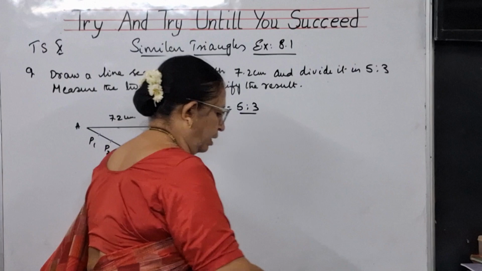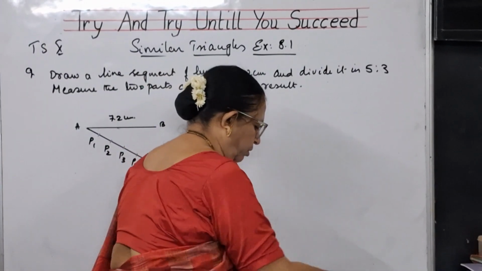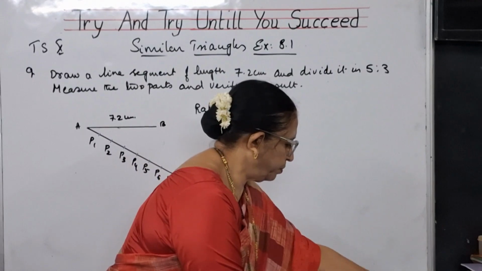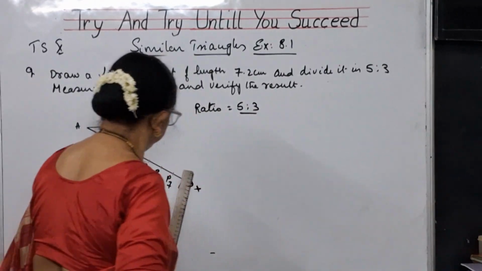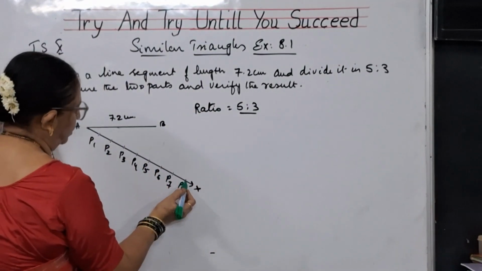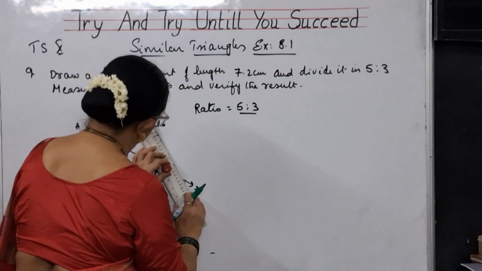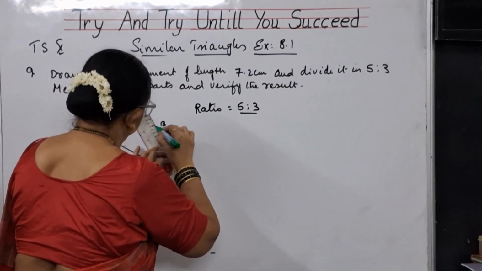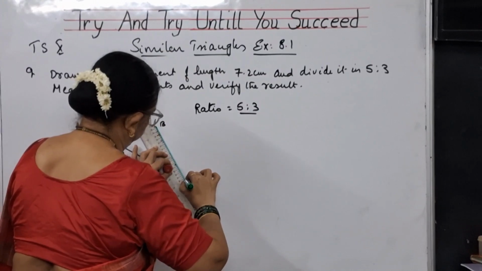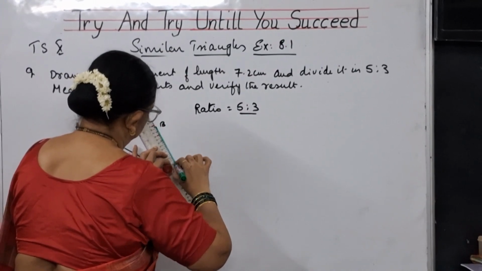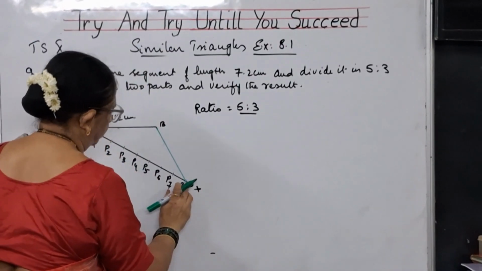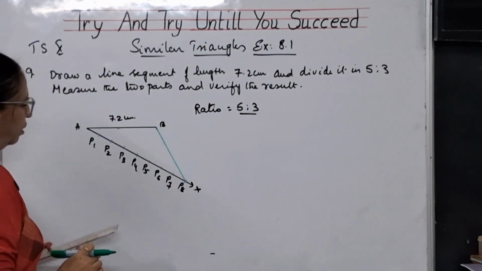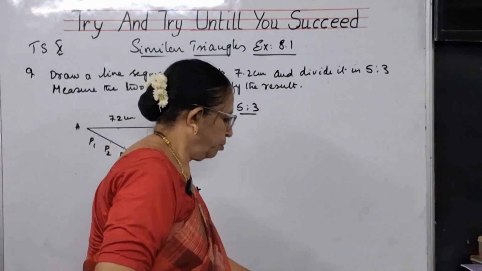After drawing 8 points, what you need to do is, you have to join the 8th point with B. So in this way you have to join. After joining the 8th point with B, you have to draw a line parallel.